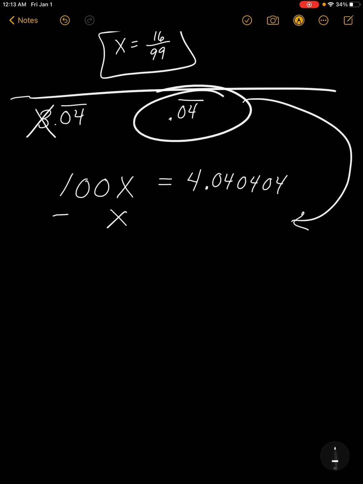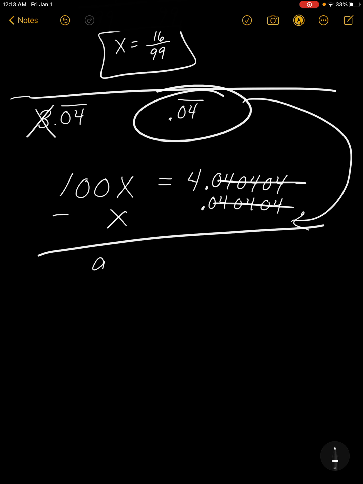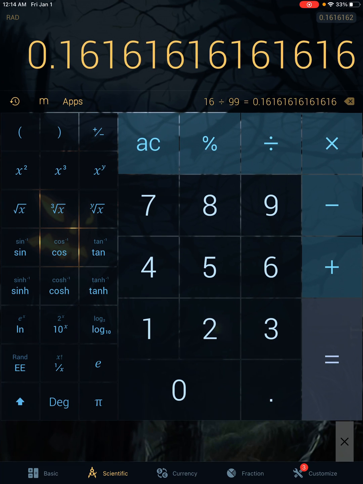That is basically taking your number and putting it under here, decimal under decimal, 0404. Okay, that wipes out the repeating stuff. 100x minus x is 99x, and it's going to equal 4, divide it by 99. So x equals 4/99.